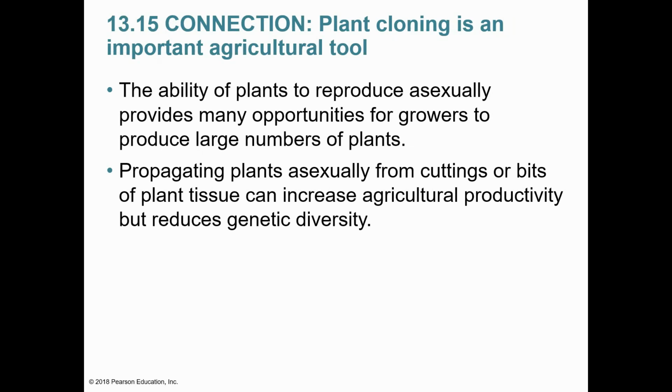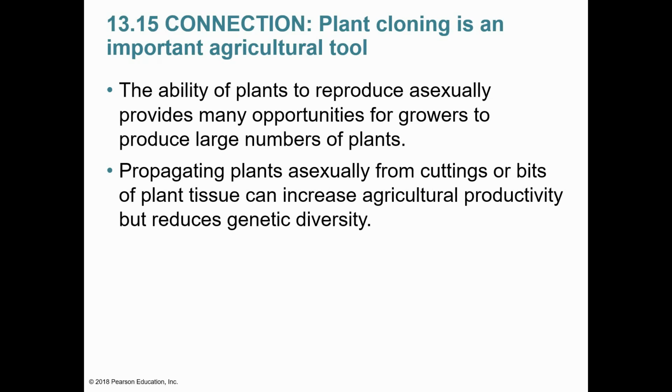All right, so next up here is how does this apply to agriculture, you may ask. Lots of farmers will use science when determining their crops and which strains of the crops are going to grow. So this provides many opportunities for the farmers to generate a large number of plants, a large number of crops, and that's very beneficial.